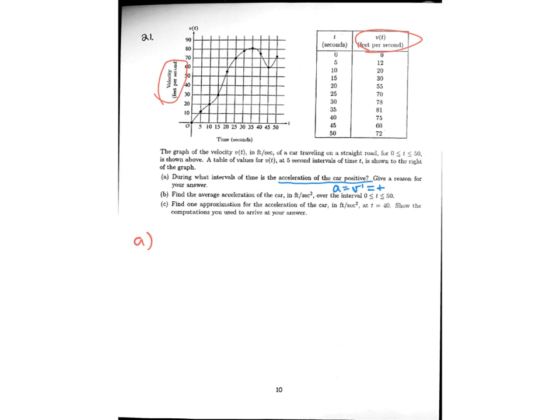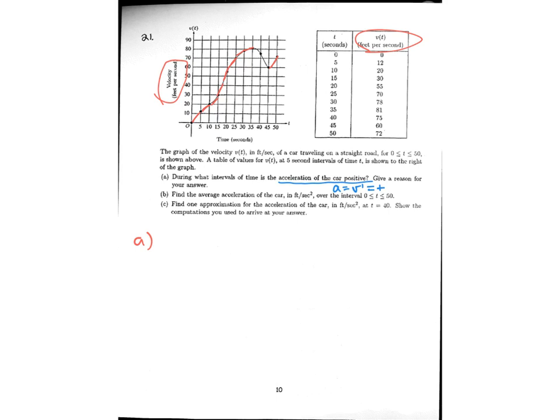And if we look at our graph, we see positive slopes right there, right there, right there, right up. And then we see some negative slopes, but we go back to positive slopes along that interval.